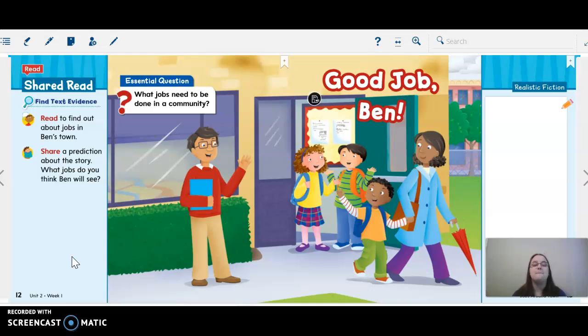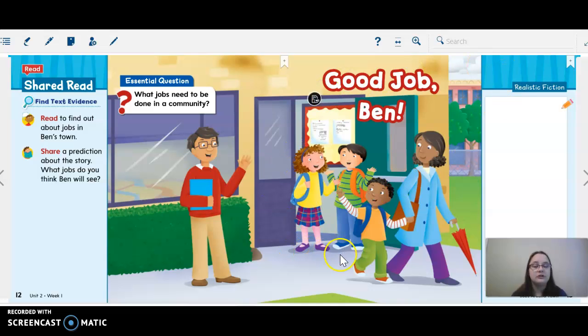Okay, and then the big part of today is we're going to make predictions. So a prediction is what you think the story is going to be about or what you think is going to happen. And so when you make a prediction, for example, for our first prediction, we're going to use this front cover picture.